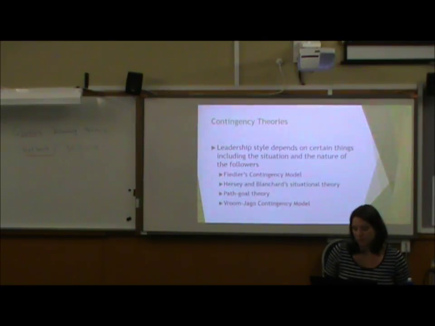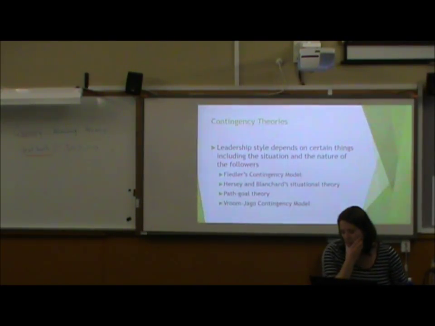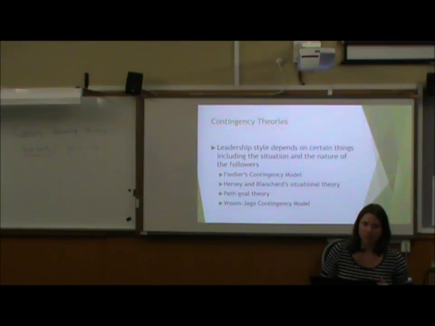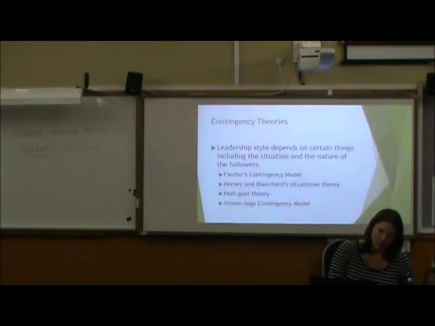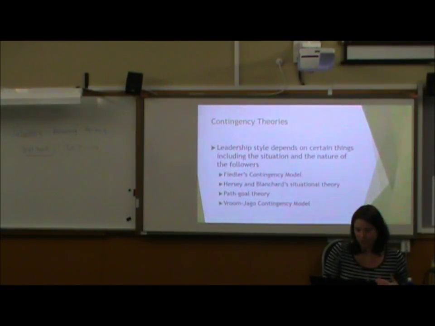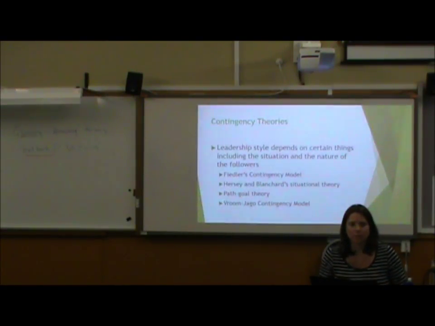And so then they sort of developed a bit of a matrix looking at, okay, so performance is going to be dependent on whether or not you're task-focused or relationship-oriented, and is going to be affected by the followers, the task structure, and the position power. So actually it gets quite complex when you start to break it all down in that way. So that was the contingency model that they put forward.